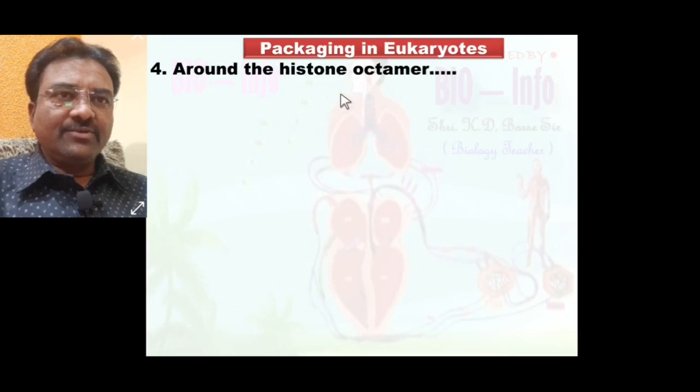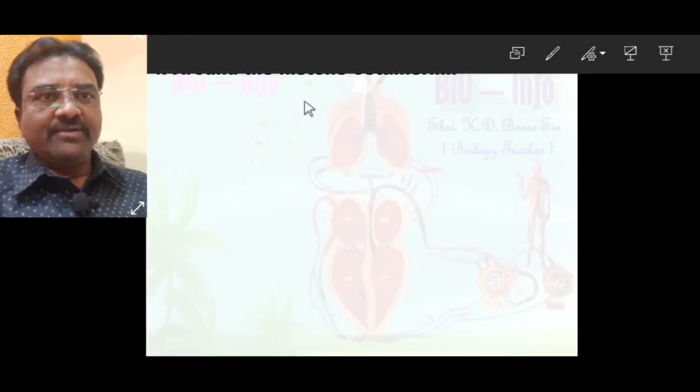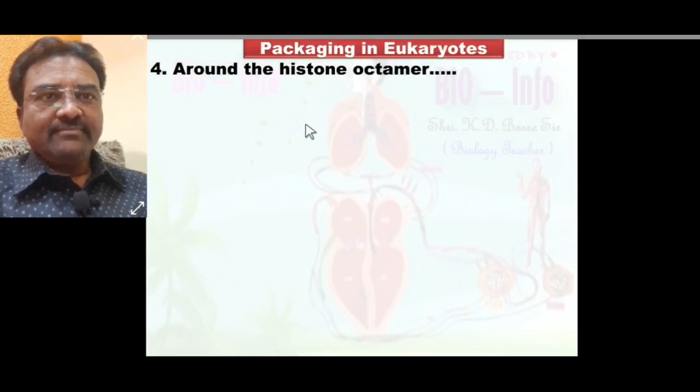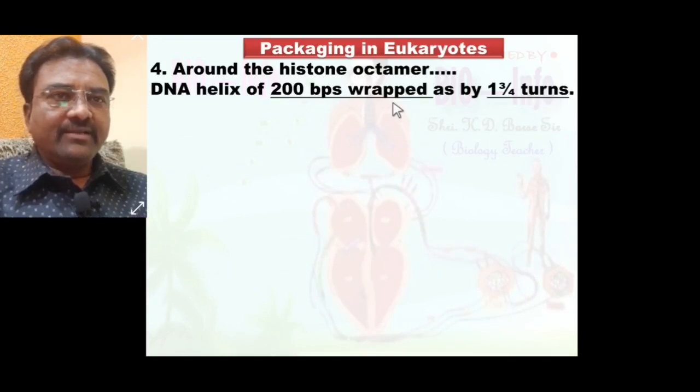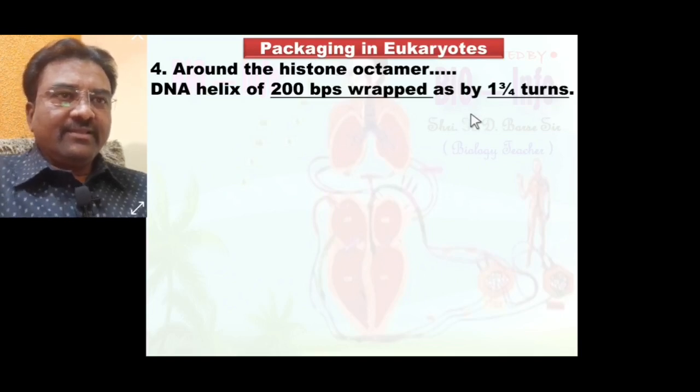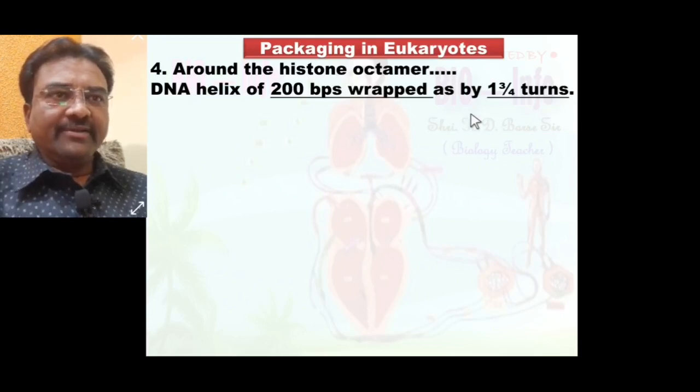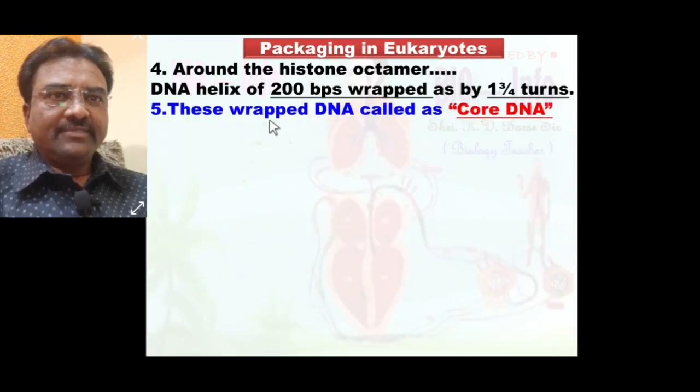Around the histone octamer, a DNA helix of 200 base pairs is wrapped in 1.75 turns. This wrapped DNA is called core DNA.